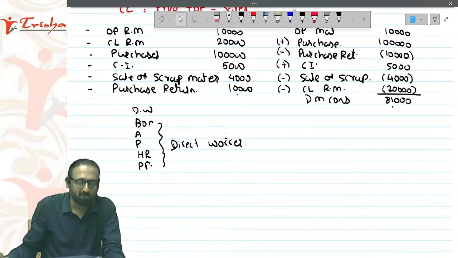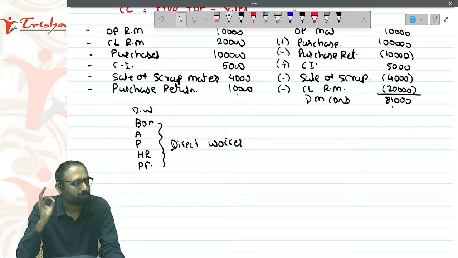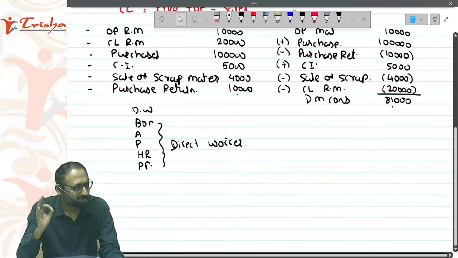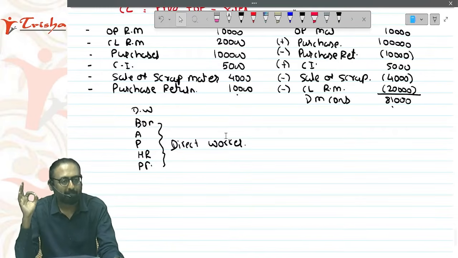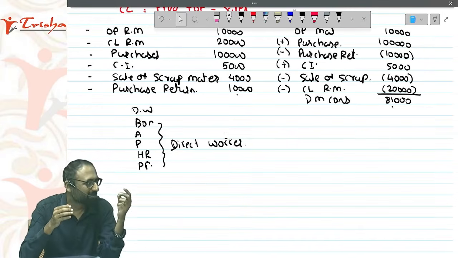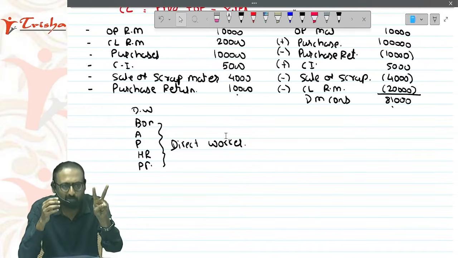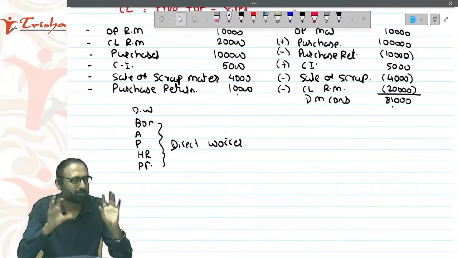Next item, remember amortized cost of mold, patterns and patents. Amortized cost means depreciated value. If the life of that mold is 2 years and you are preparing a cost sheet for 1 year, you'll have to take a depreciated value.